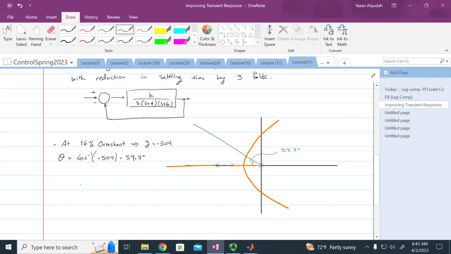And then what do we have to do? We have to find the intersection. How do we find the intersection? Any ideas?